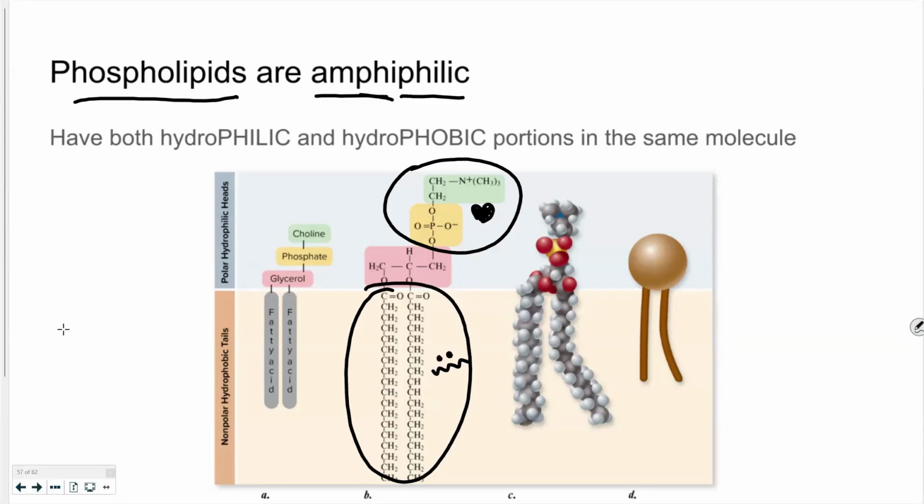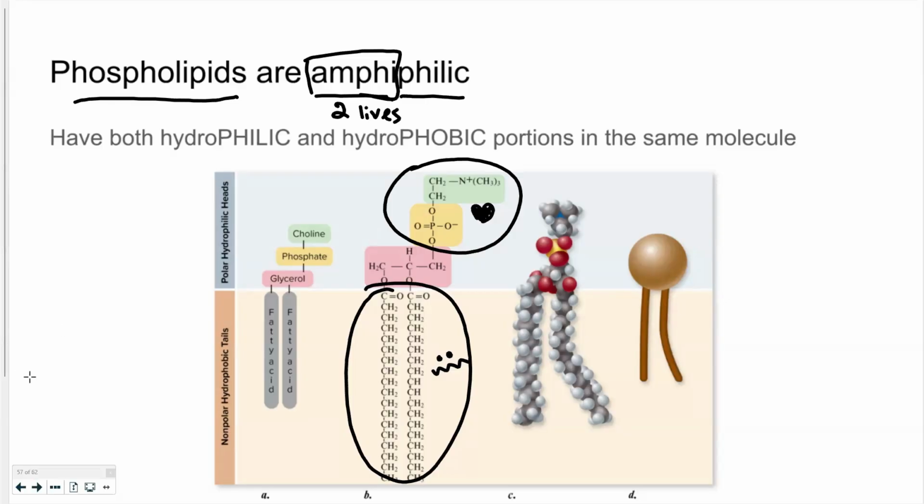Okay, so an amphibian has two lives because it lives in the water and on land. So an amphiphilic molecule has both hydrophilic and hydrophobic portions of the same molecule. Now, this is really interesting because what happens when we take a whole bunch of these phospholipids and we chuck them in water?